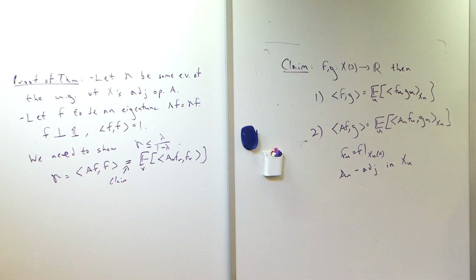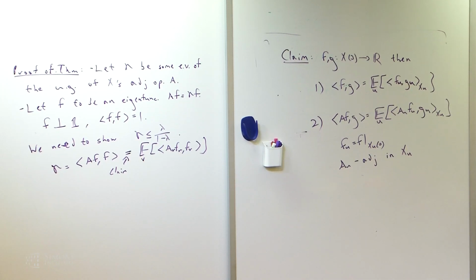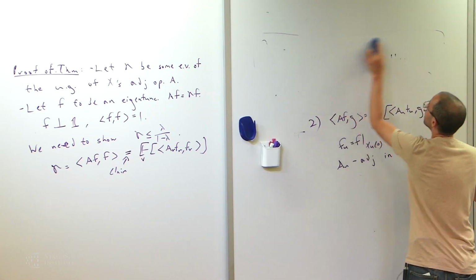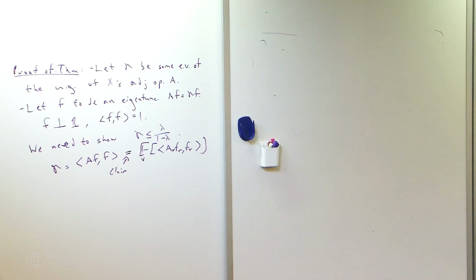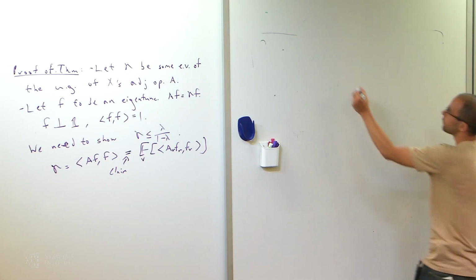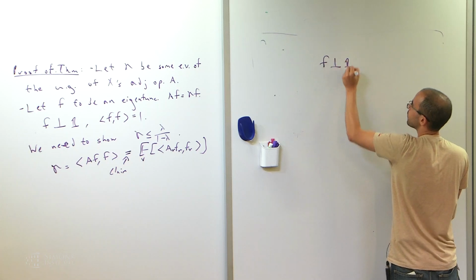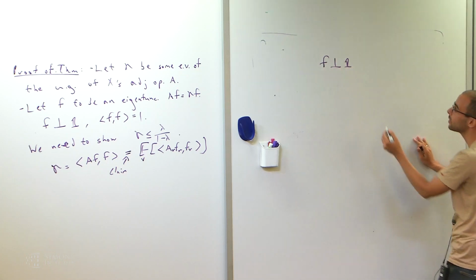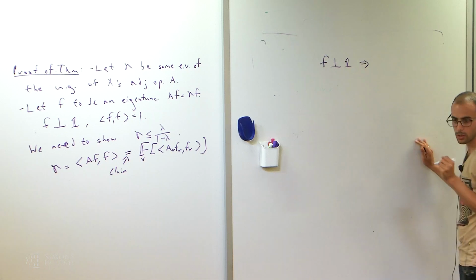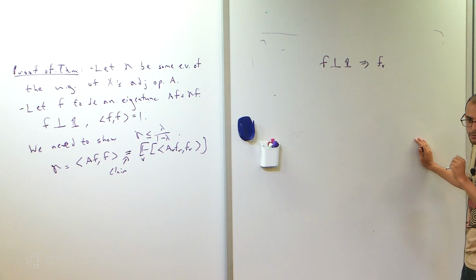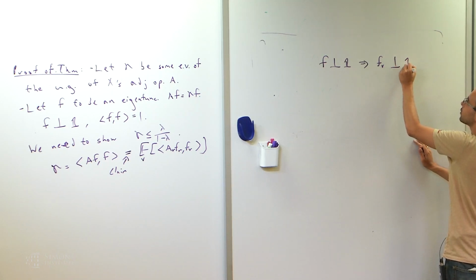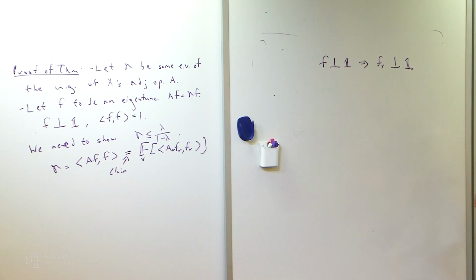So here's a naive way to continue this proof. Suppose that we could have shown that if F was perpendicular to the global all ones function, it would imply that all these local functions were also perpendicular to the local all ones function in the link. Then what could we say?